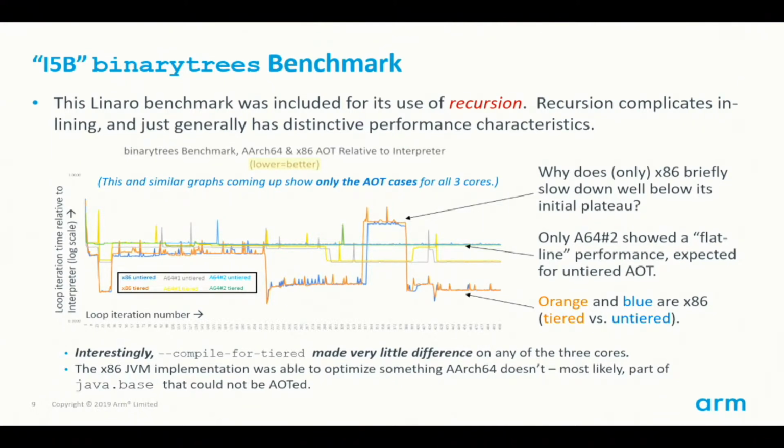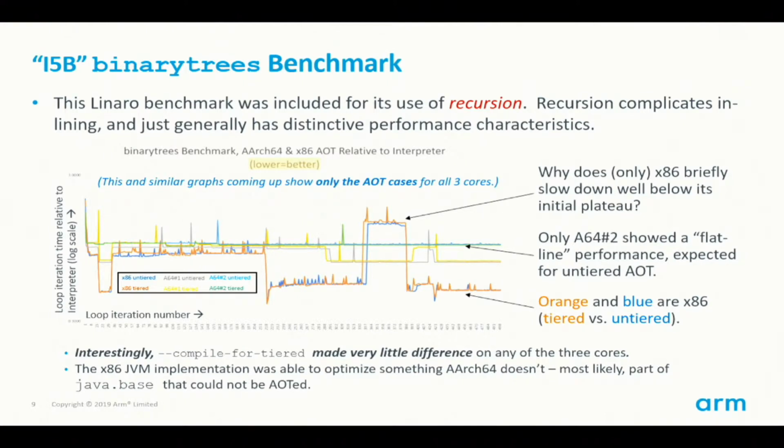And what are the colors? Well, as you can see, orange and darker blue, if you can tell for the haze of the lights here, those are tiered for the orange x86 and untiered AOT on the blue, and then yellow and gray for the first of the 2 AArch64 cores, and then nice flat line there, look at that, for green and cyan for the second of the 2 AArch64 cores.